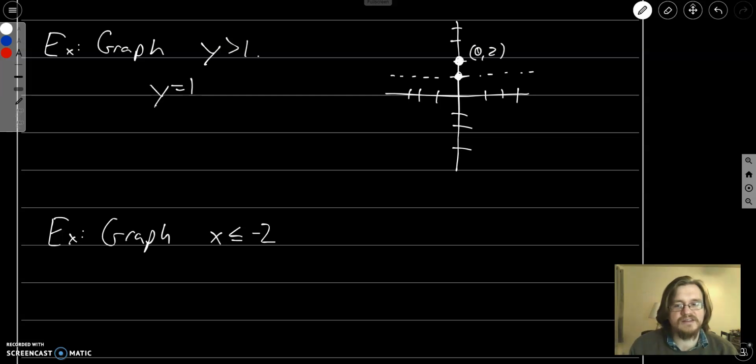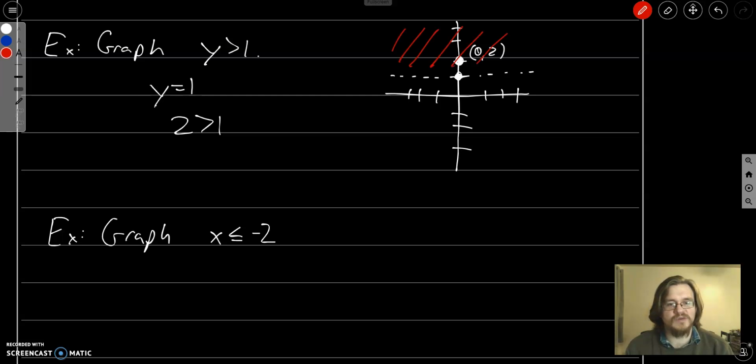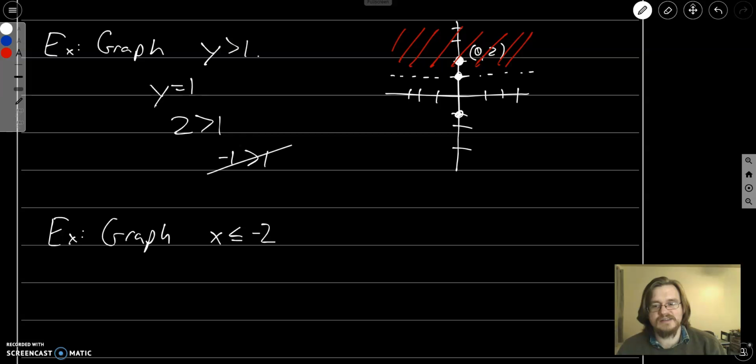So y here is 2. If I plug that into my equation, 2 is greater than 1. Yep, it passes the test. So we will graph everything up here. Notice that if I plug in a value down here, say, when y is negative 1, negative 1 is certainly not greater than 1, which is why we don't shade down here. We only shade on one side.